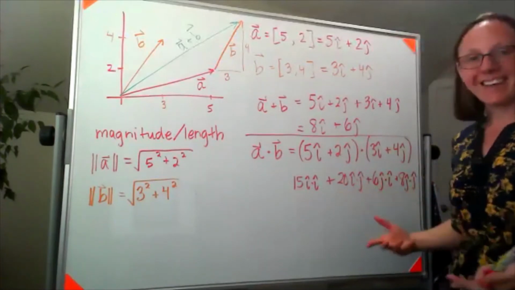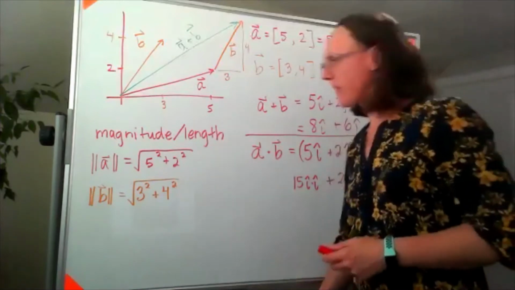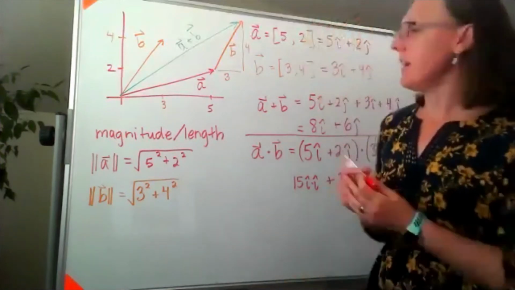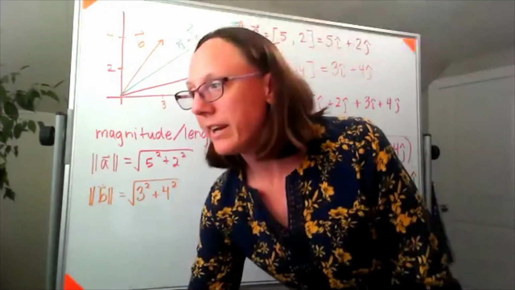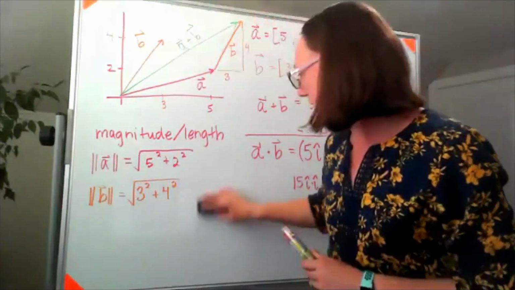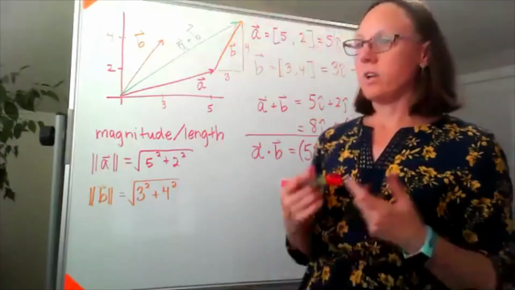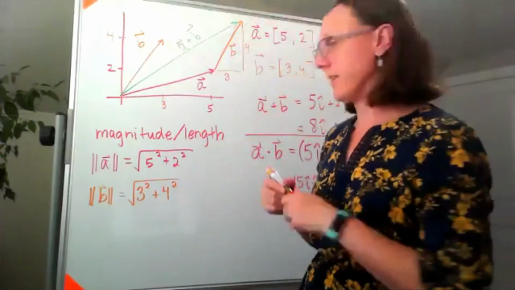Now, I've been saying that word dot because we are doing a dot product here, and in lecture today, or if you've been reading along in the textbook, we were introduced to the dot product through the law of cosines.